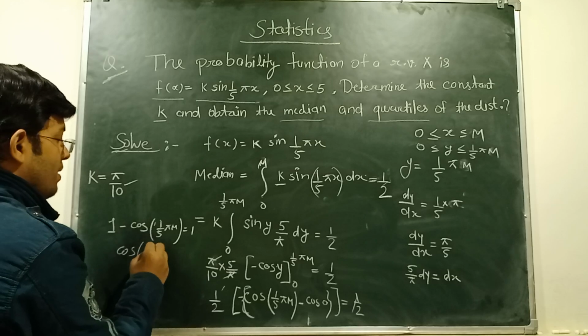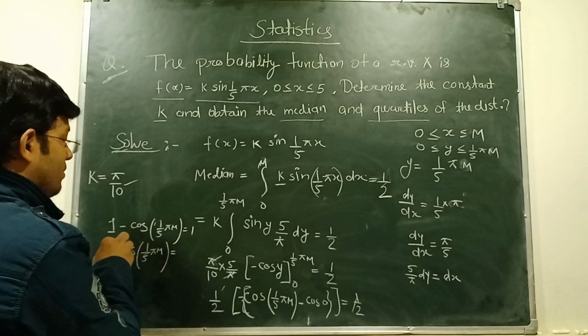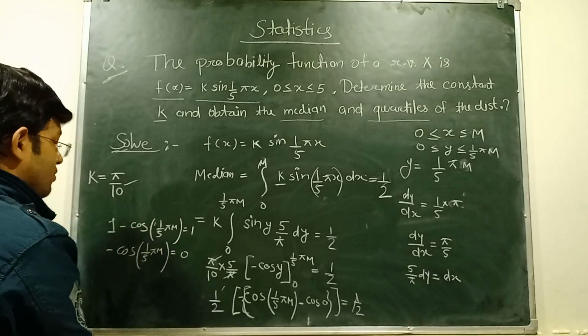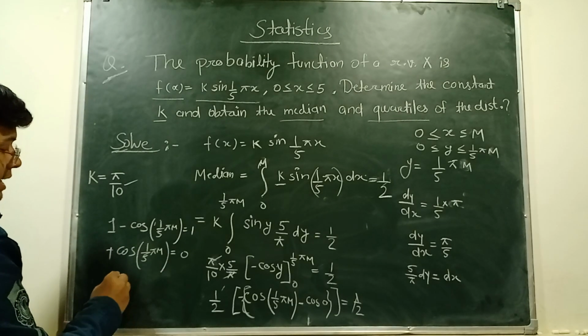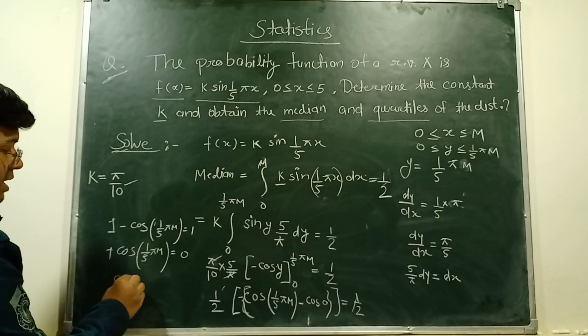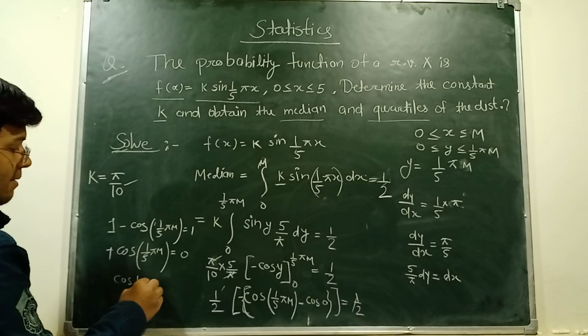1 upon 5 pi m is equal to 1 minus 1 minus is 0, minus 5 minus, so here we can plus also cos pi upon m.